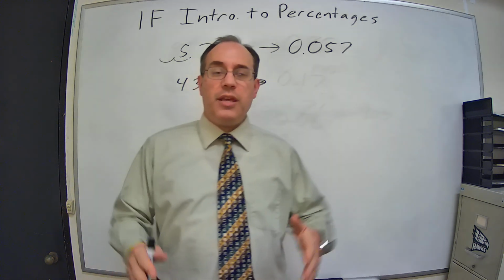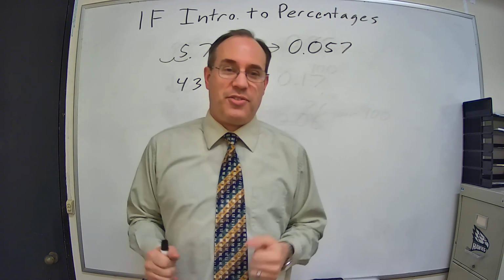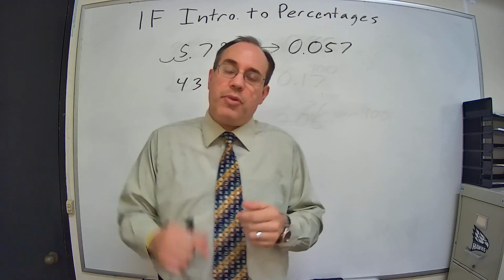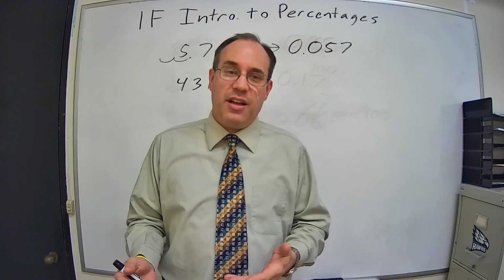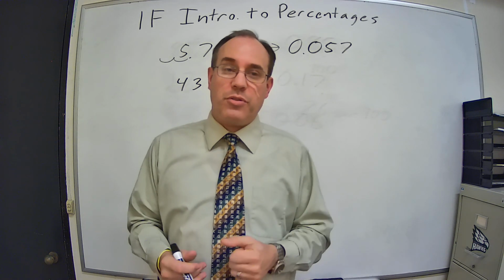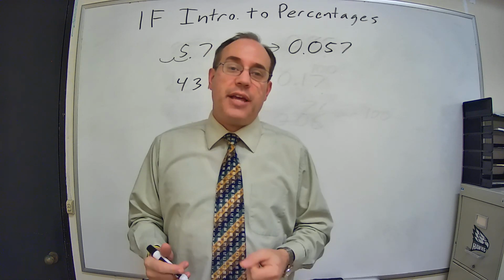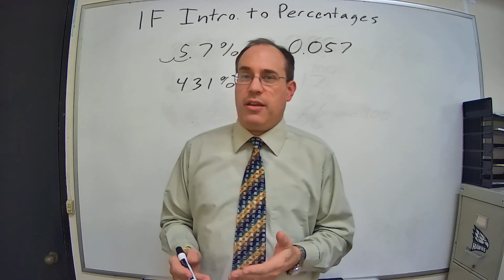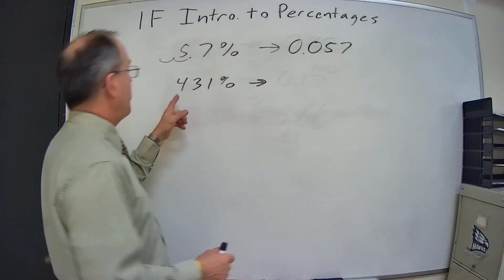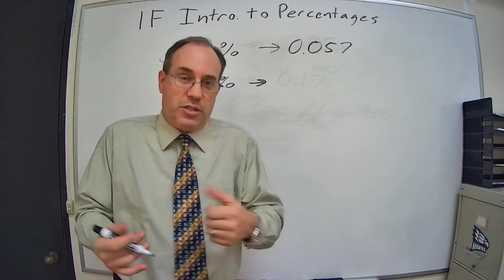Well, if everybody that was a student in my class came to class, I would have 100% of my students and 100% attendance. But if some extra people come to my class, then I would actually have over 100% of the people who are supposed to be in the room. And so we can have percentages that are higher than 100. So 431%, that just means we have more than the total amount expected.